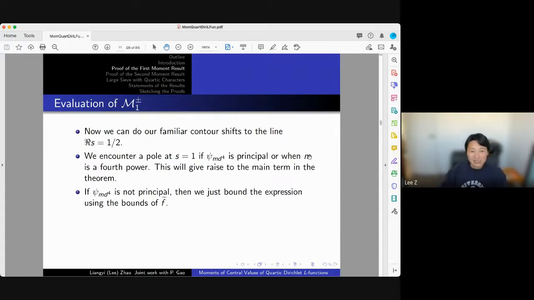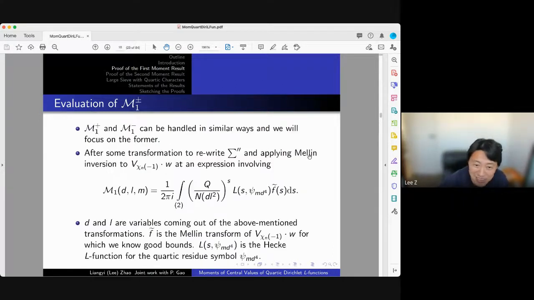So if psi md to the fourth power is not principal, then we'll just bound the expression. Remember the expression is this. This can be handled. F tilde, I said earlier, we know good bounds for F tilde.